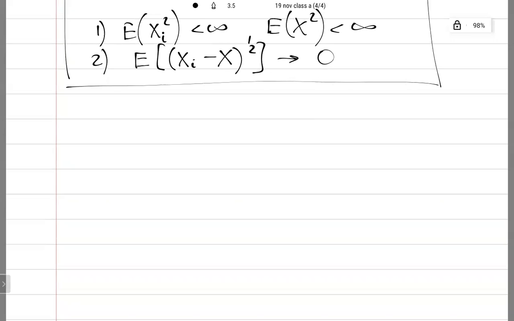In a second year probability course, probably you have heard about convergence in probability. So these are different types of convergence. Just an example: I need a lot of coin tosses.